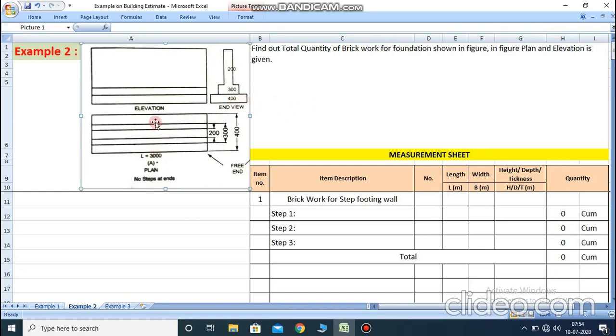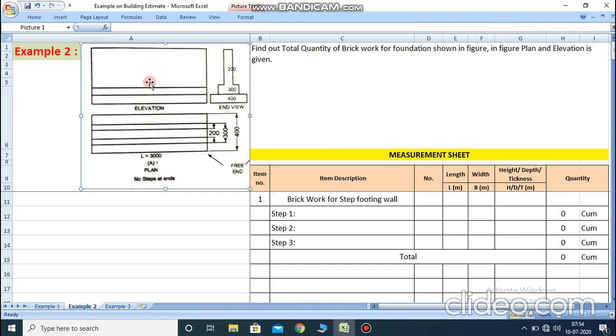So from the plan part you exactly see the total length of the wall is 3000 mm, meaning 3 meter is the total length of the wall, 200 mm is the width of the wall, 300 mm is a step of the step footing of the wall, and then after 400 mm is another step.